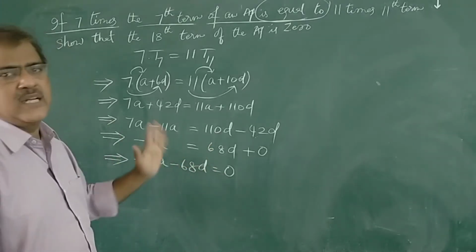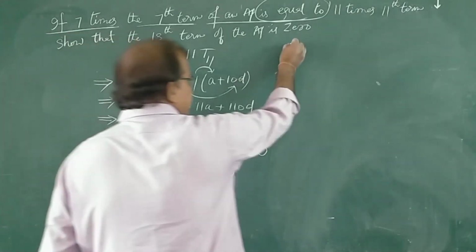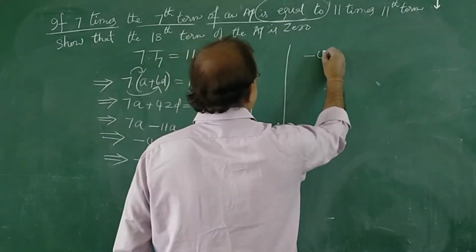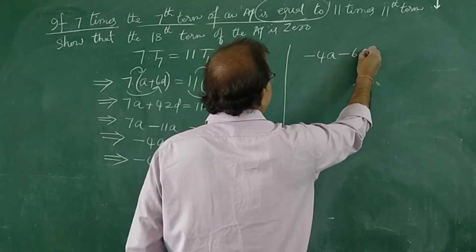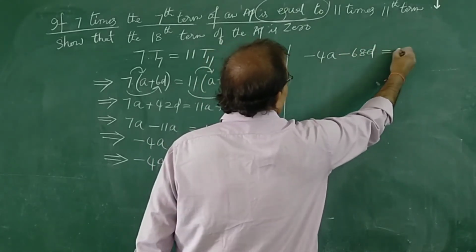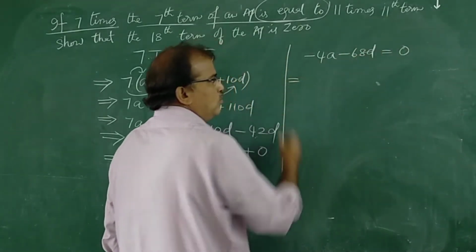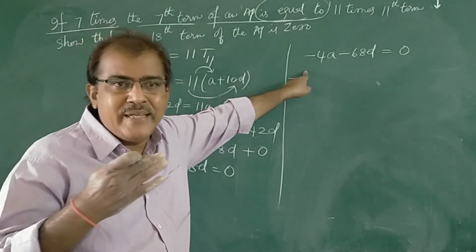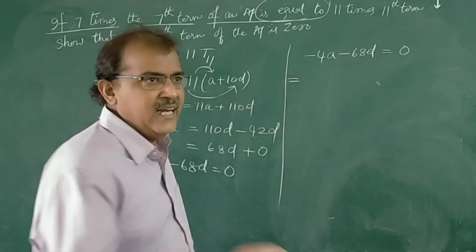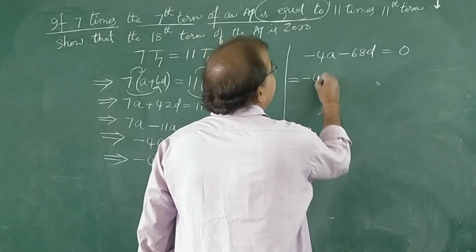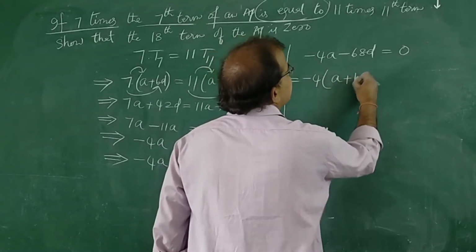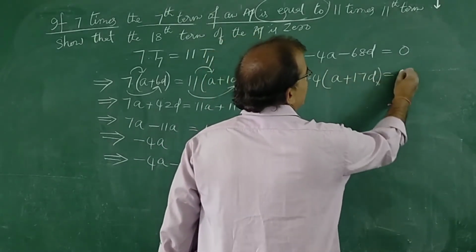Almost all I got the answer. Now take minus 4 as common: minus 4 into (A plus 17D) is equal to 0.